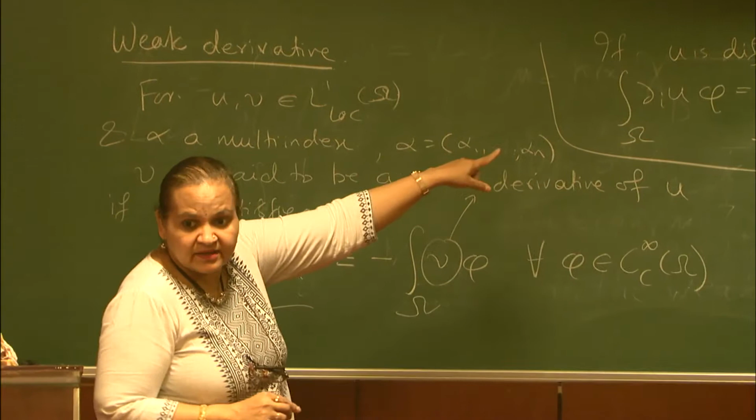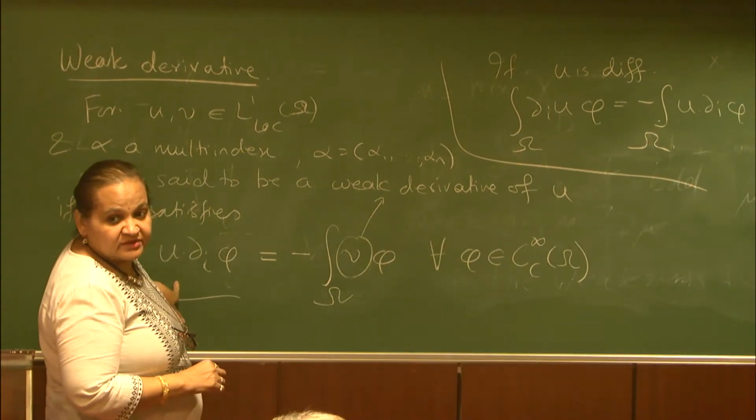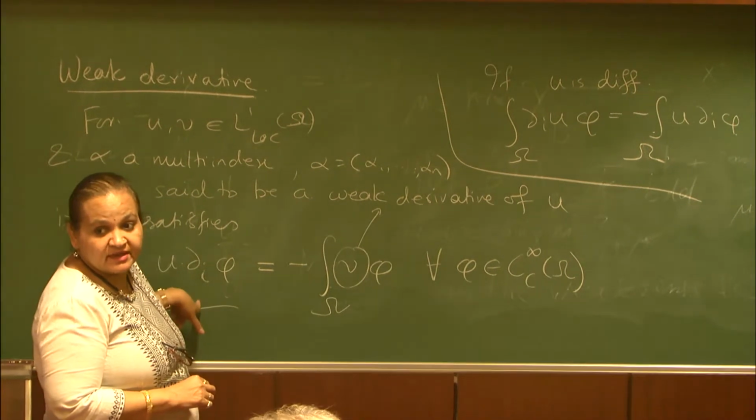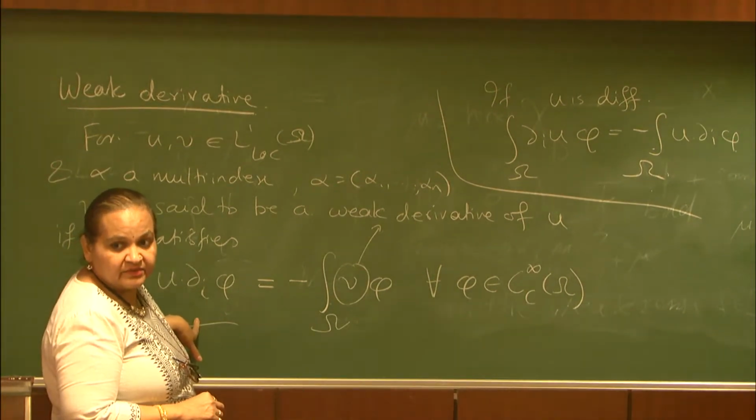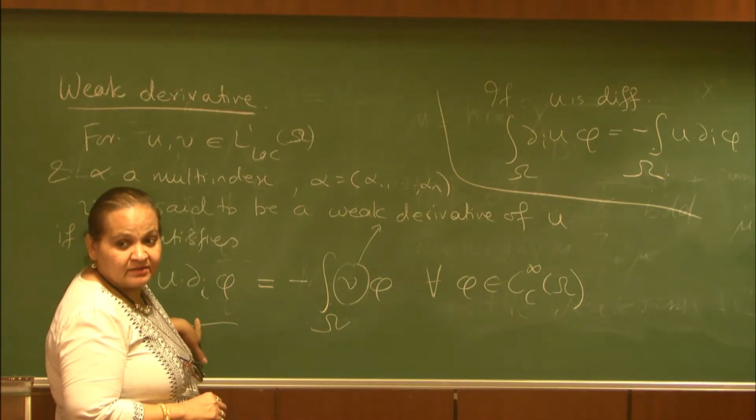It is an easy exercise to show that if u is actually differentiable, then the weak derivative coincides with the usual derivative. So can you see why quickly?